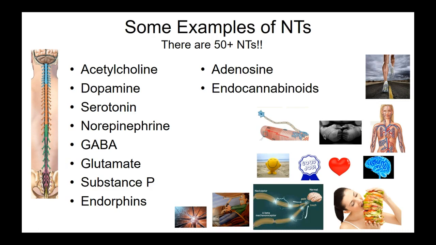Substance P. Substance P is a molecule, among other molecules, there's other ones out there, that signal pain. So it's a pain neurotransmitter. There's other ones out there as well, but substance P is one that's important for signaling pain.